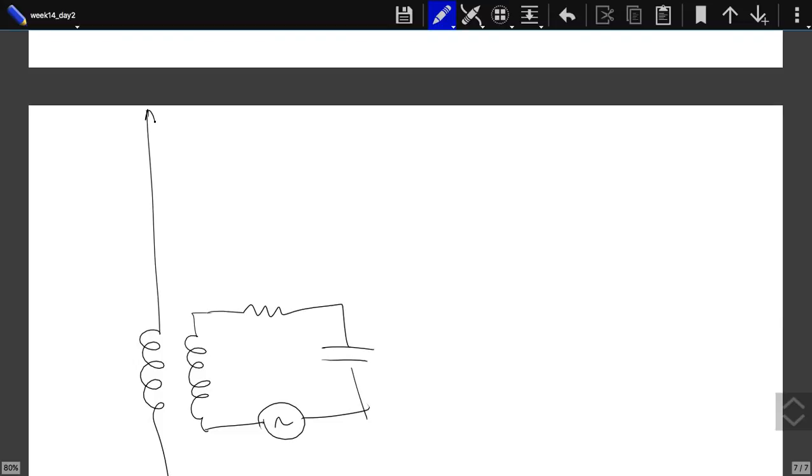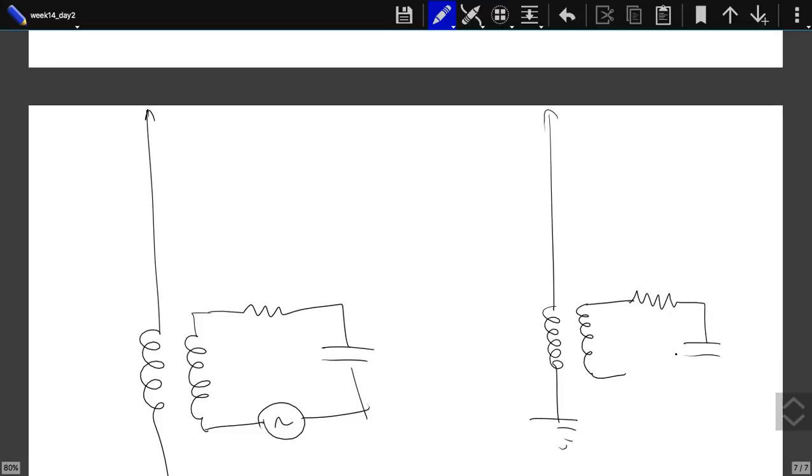Can we charge a battery with this configuration? How do you want to charge it? Take an antenna, couple it to an RLC circuit, and put your battery over here.